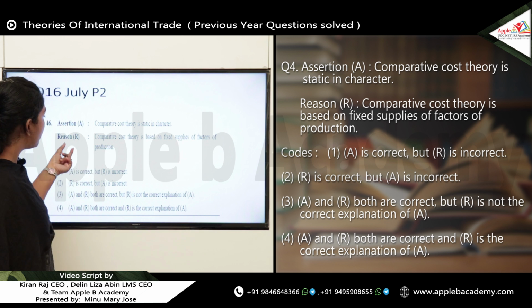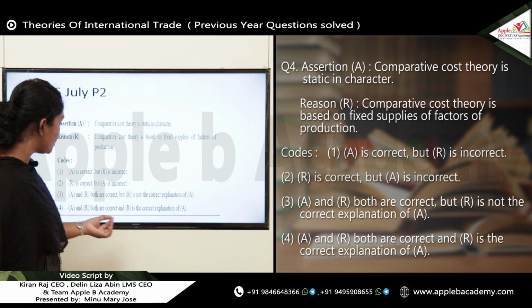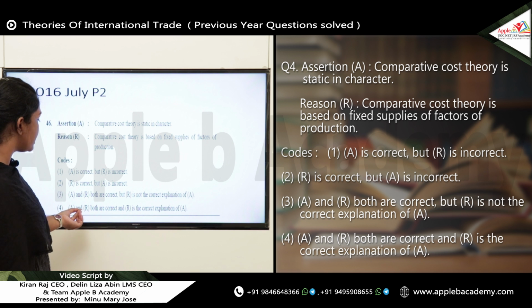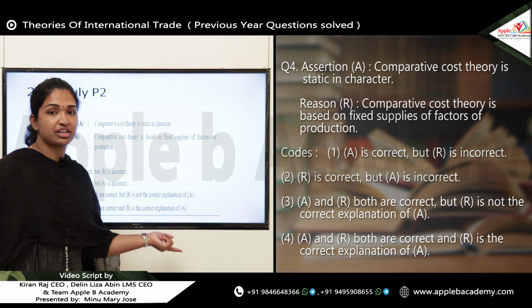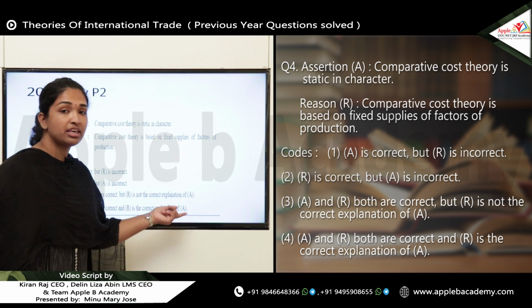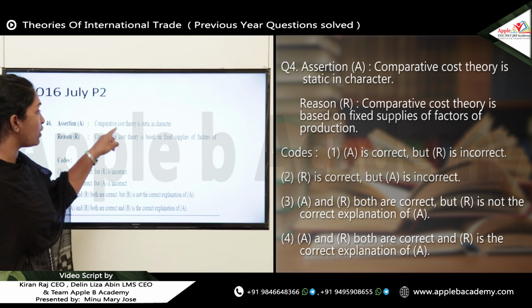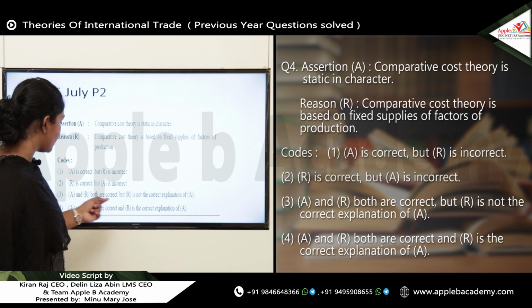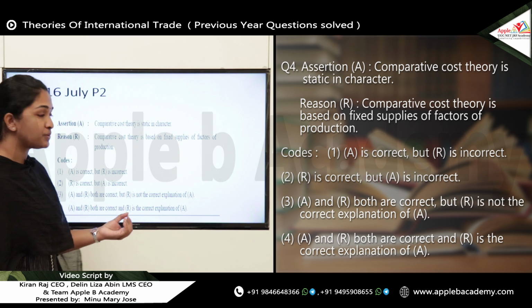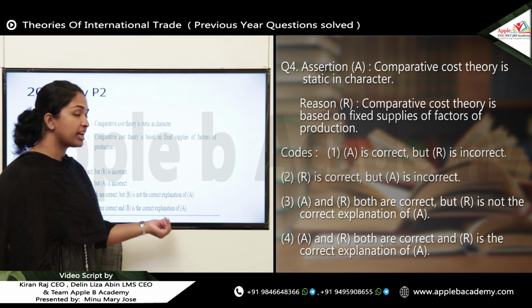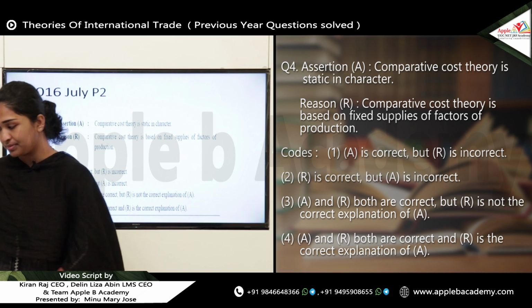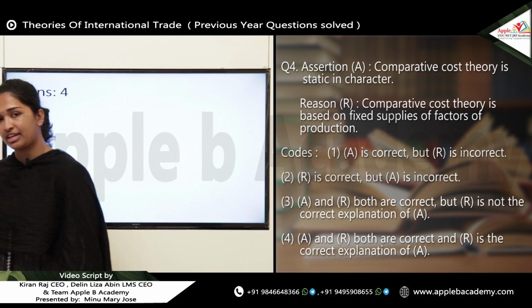So that is why we know that the reason is also exactly true. So the answer would be both A and R are correct, and R is the correct explanation of the assertion given, that is, comparative cost theory is static in nature. So the answer for this question would be option 4, that is A and R both are correct, and R is the correct explanation of the assertion. Option 4 is the right answer.